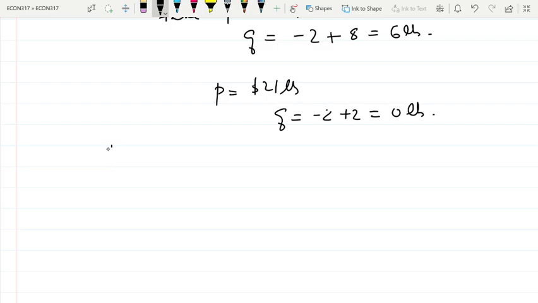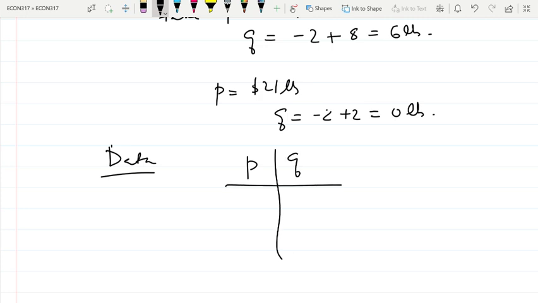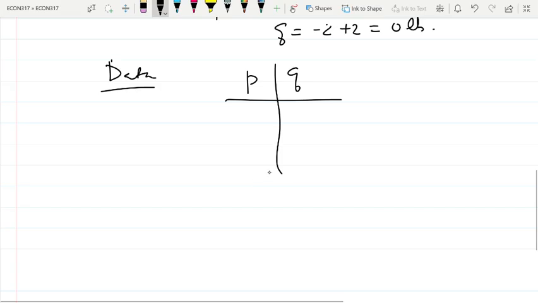Now we will look at data which describes price and quantity pairs observed in a market. Let's say price is 0, firms sell 0 units. Price goes up to $2 per pound, quantity goes to 4 pounds.